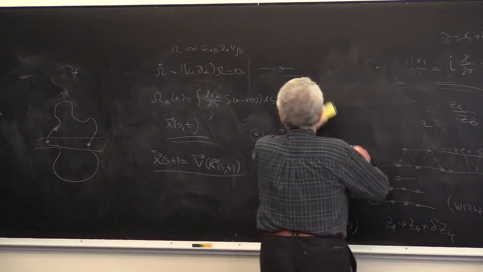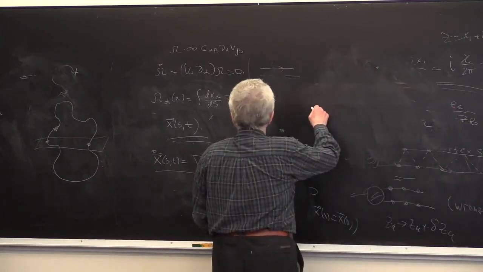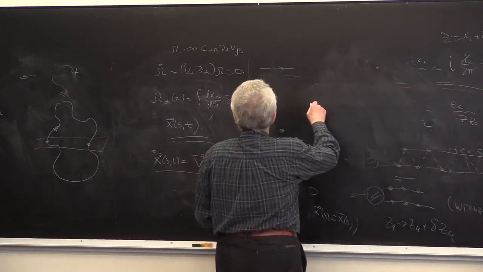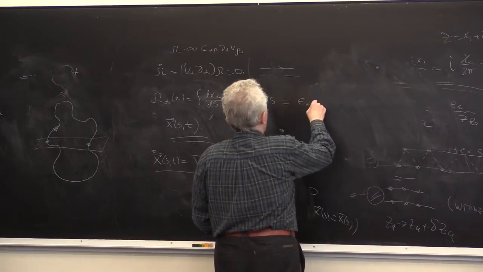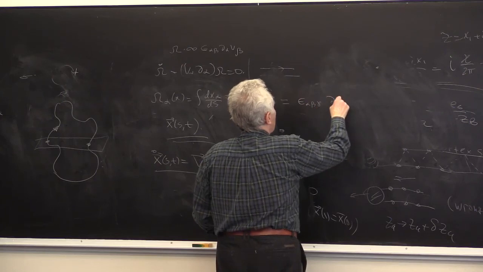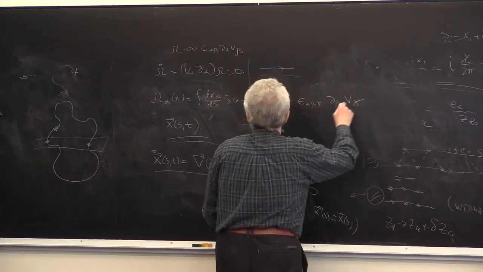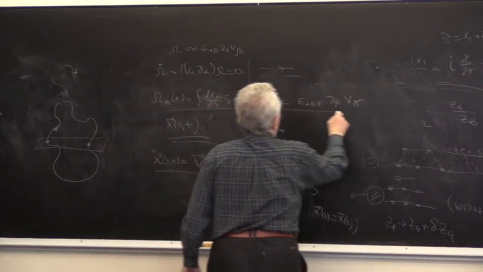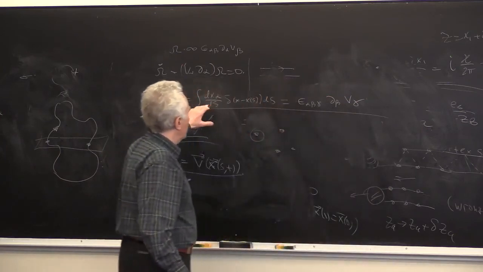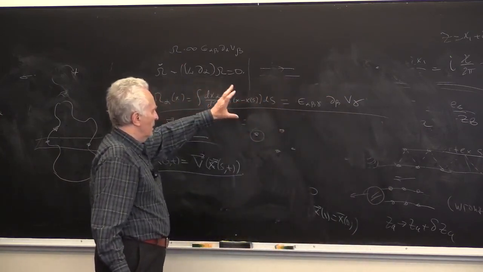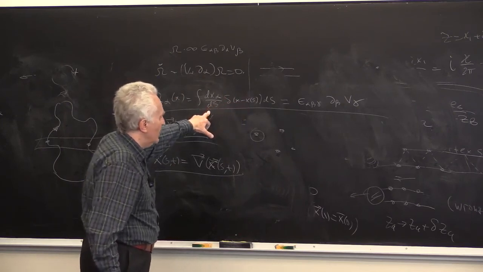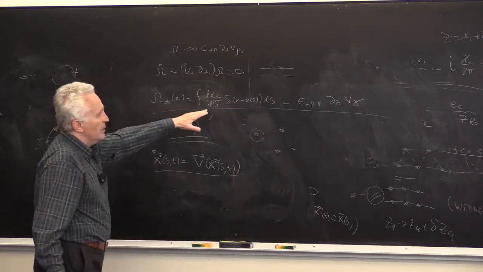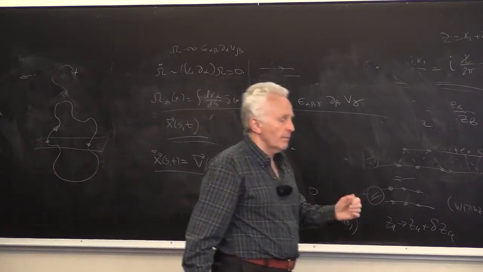We have the relation that this should be equal to epsilon alpha beta gamma d beta v gamma. And I will not go into it, I think it's too late already, it takes some calculations. What we will do, we will solve this equation, which is rather trivial.